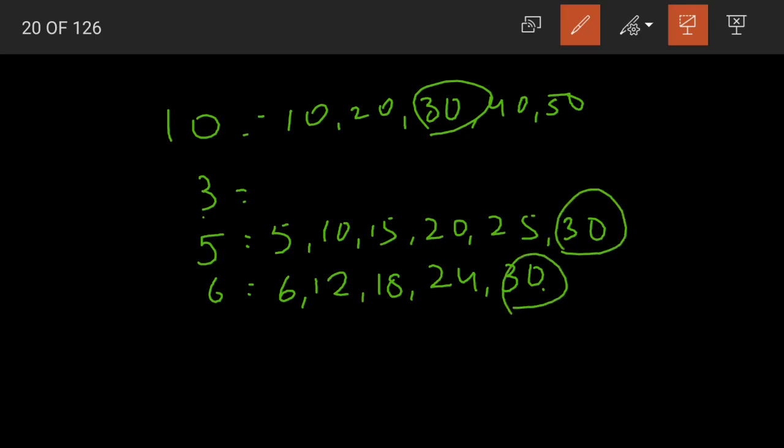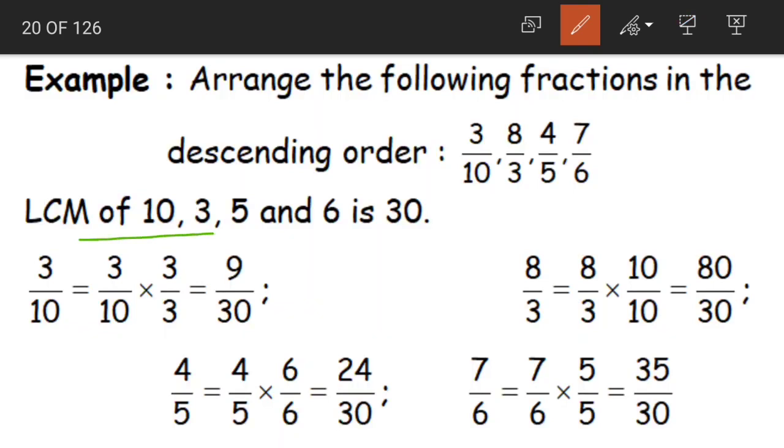Yes or no, children? 30 is the common multiple among all these. Now is 30 a multiple of 3? Yes, 3 tens are 30. So 30 is also the common multiple for 3. Now it is the first common multiple among all the 4 given numbers. So 30 will be our LCM, children. What is the LCM? LCM will be 30.